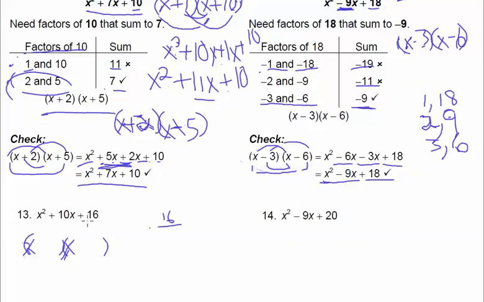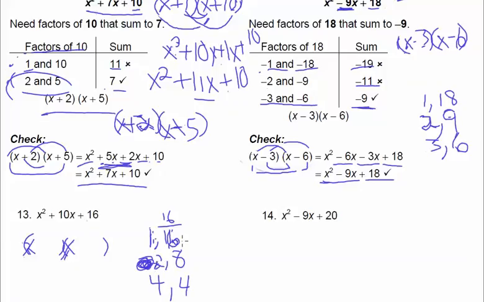What are the factors of 16 that would add together to get 10? That's my middle term. So the factors of 16 are 1 times 16, 2 times 8, and 4 times 4. We want to pick these pairs of factors that would add together to get our middle term of 10.